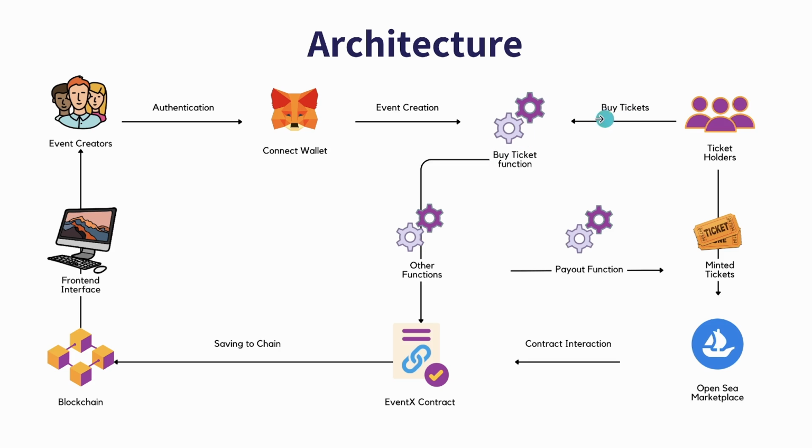So buyers can come to buy the ticket. They are ticket holders, that is what we call them. Each time they buy a ticket, it's under their account, and at the end of the day, we have a function. Once the event has been completed and the organizers want to cash out on their money from the event, they could click this payout function.